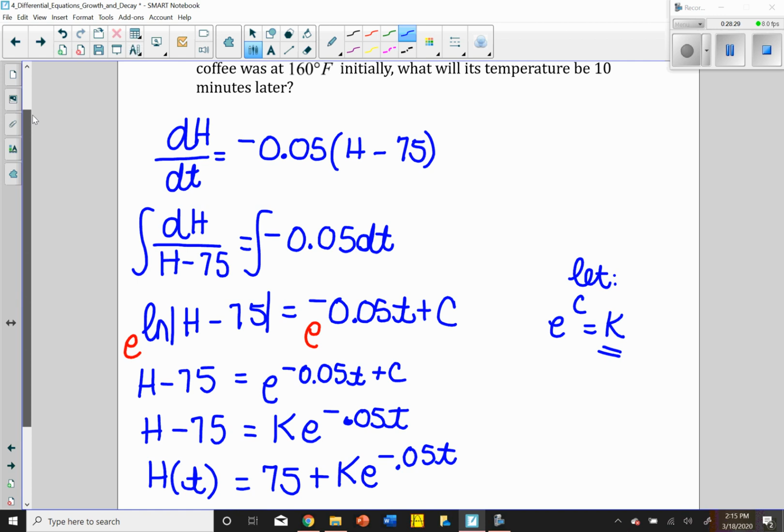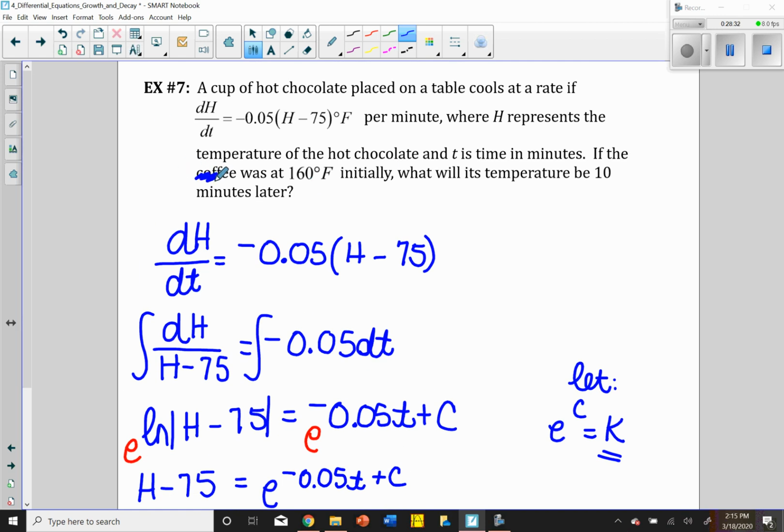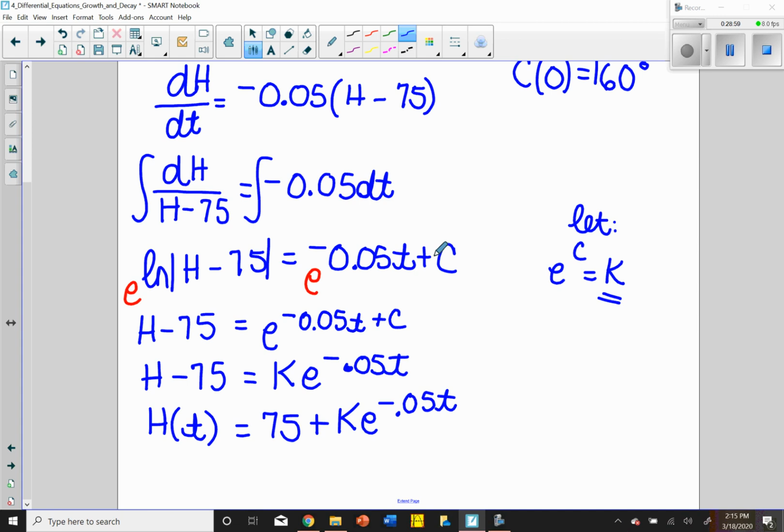And what did they tell us at the beginning? That it should be chocolate. When time was 0, the chocolate temperature was 160. So H of 0 is 160. And we want to know what the temperature will be 10 minutes later. So if we come back over here and solve for our k, the hot chocolate is 160 minus 75.